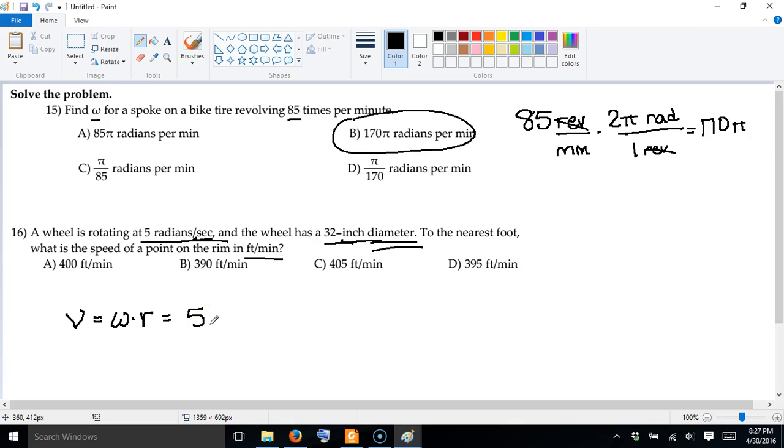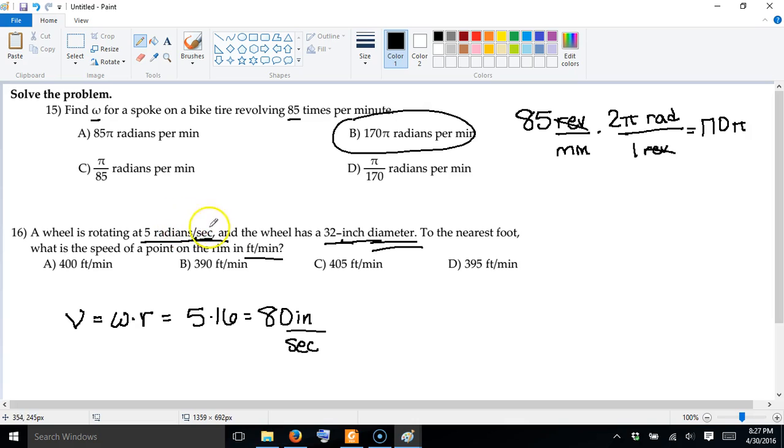And then 32 inches, that says diameter, but you need radius. So divide that diameter by 2, and you've got your radius, just 16. And then the units of measurement, after you multiply these two values together, are inches per second.